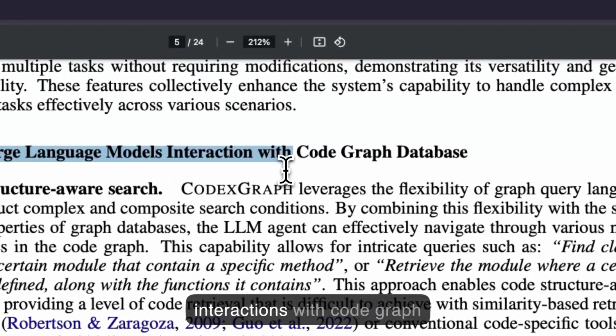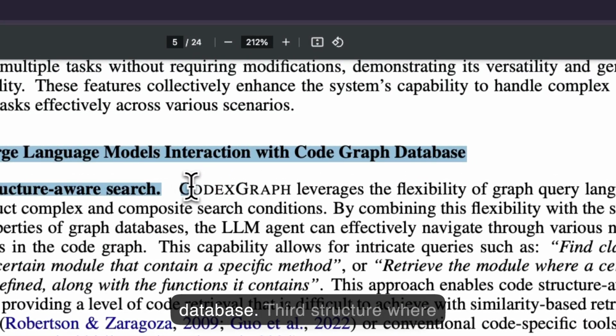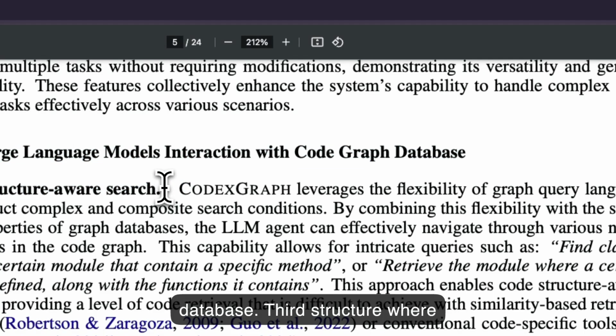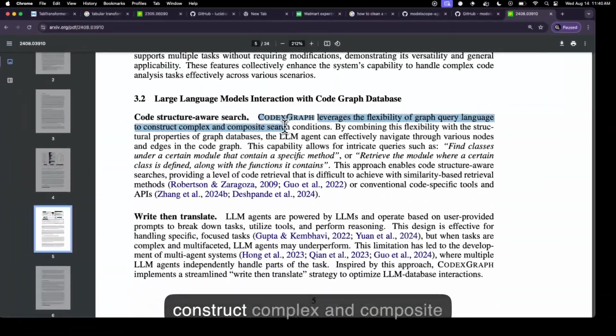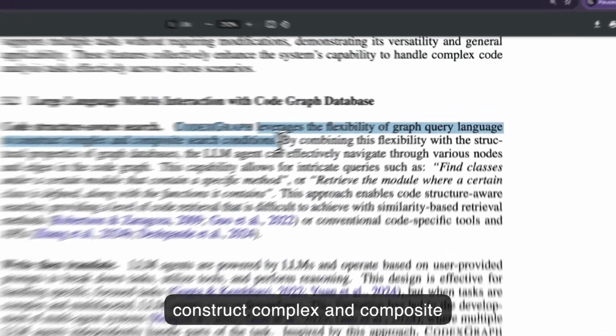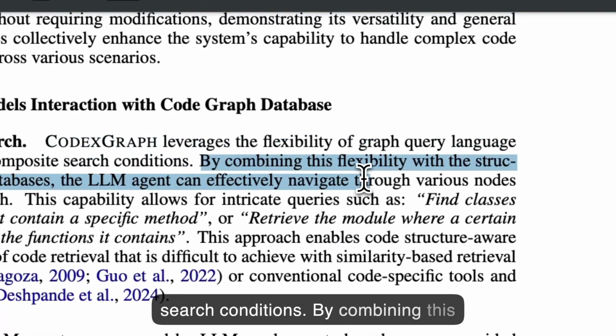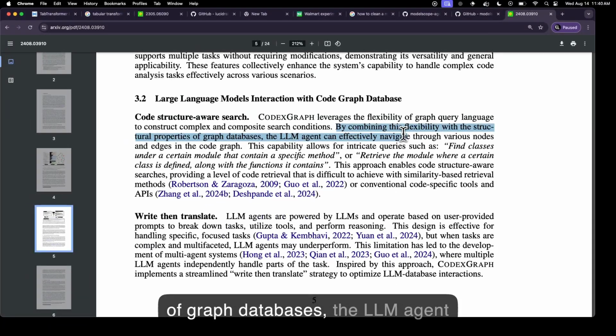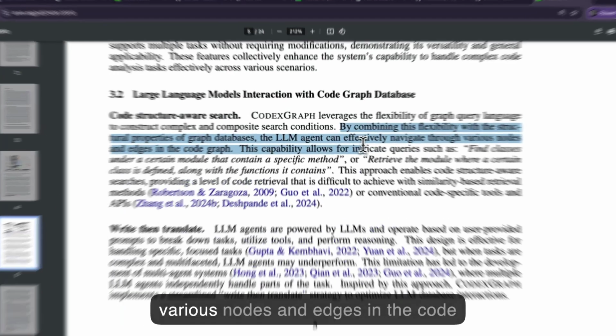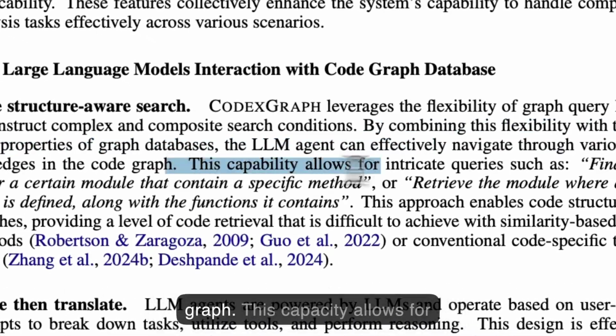LLM interactions with CodexGraph database. Code structure-aware search. CodexGraph leverages the flexibility of graph query language to construct complex and composite search conditions. By combining this flexibility with the structural properties of graph databases, the LLM agent can effectively navigate through various nodes and edges in the code graph.